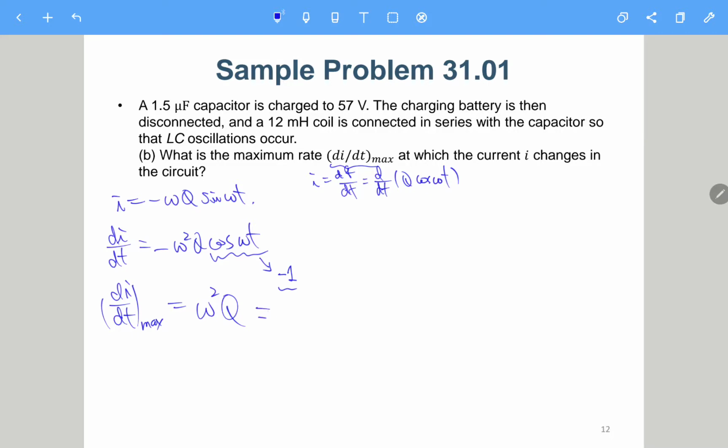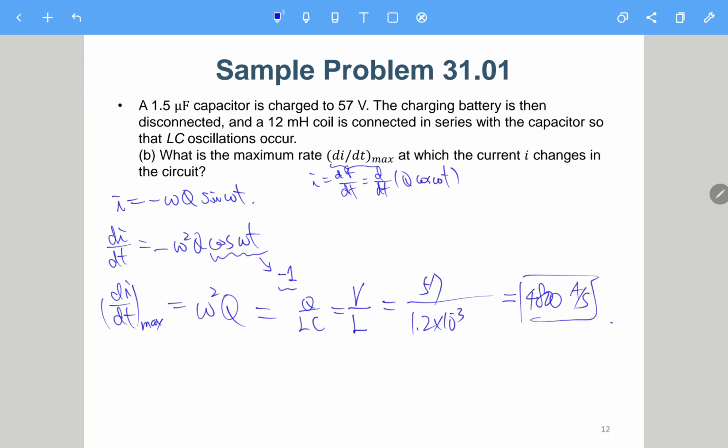In this case, it is q over LC, and q over C is V, so it is V over L. So finally we have 57 over 1.2 times 10 to the minus third, which is 4,800 A per s. So this is the maximum rate of change of the current.